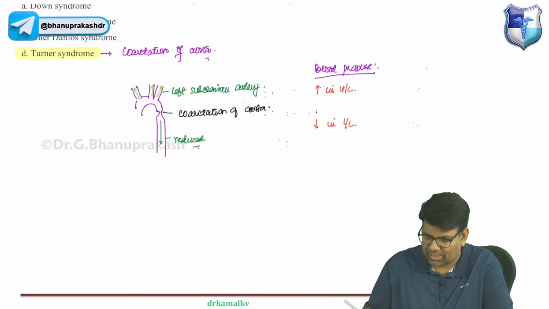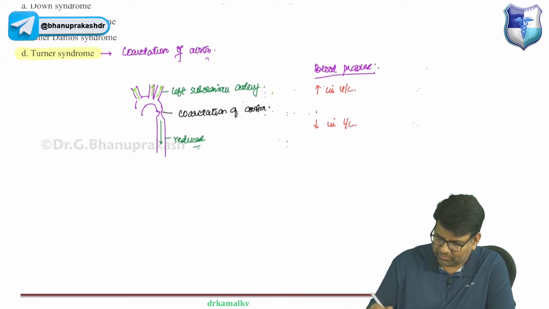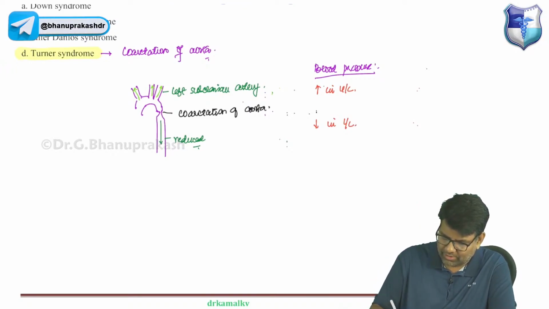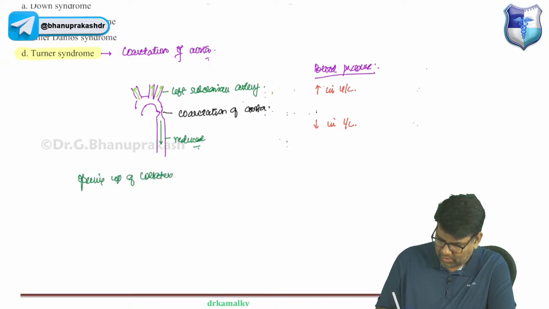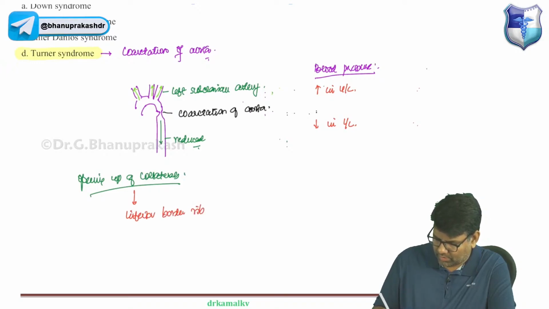That will be the difference. And apart from that, because there is opening up of collaterals, there will be inferior border rib notching.